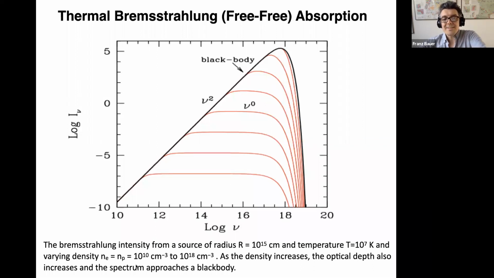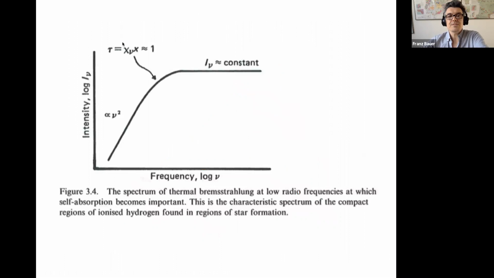And so at 10 to the 10, you don't have that much emission because the emission goes as the square of the density, or n_e times n_p. So the emission is down quite a bit. What that also means is that tau is proportional to the number density, right?